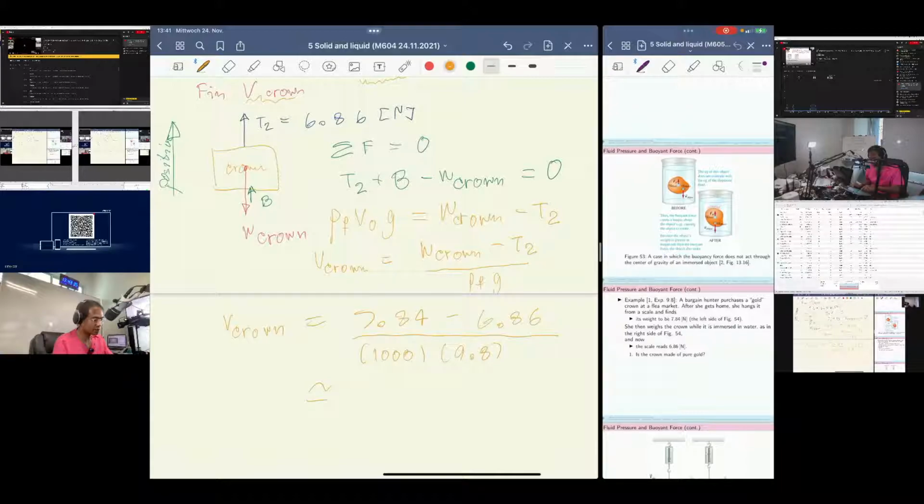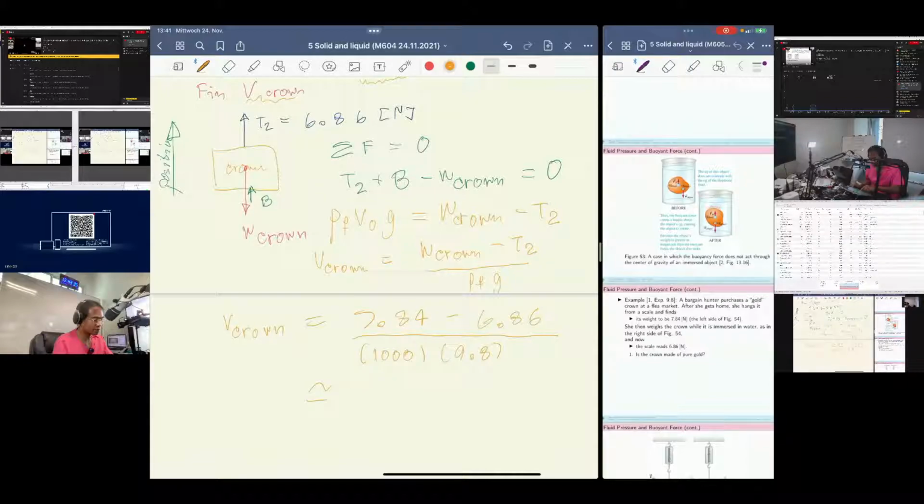That's the value for the crowd: 10 to the negative 4. It's not an approximation at all, it's the exact equality, so it's going to be cubic meter.